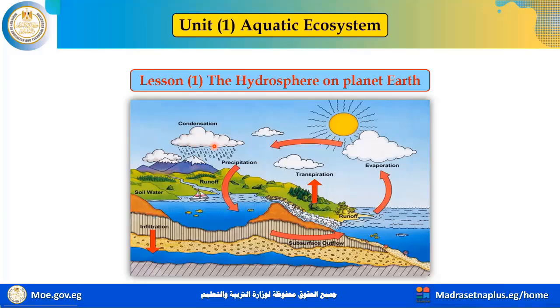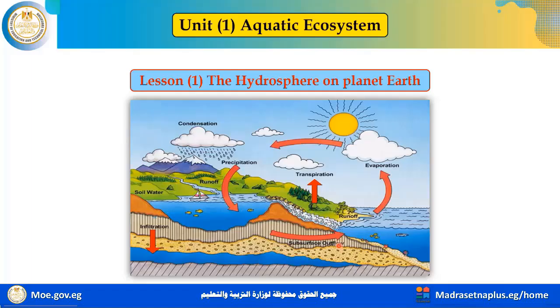And if the weather conditions are suitable for falling, the rain will fall down, or the snow, or the hail, which we call precipitation. Again, precipitation. The water returns back to the seas or rivers, and another part of the water infiltrates and forms the groundwater, which is found under the surface of the earth.